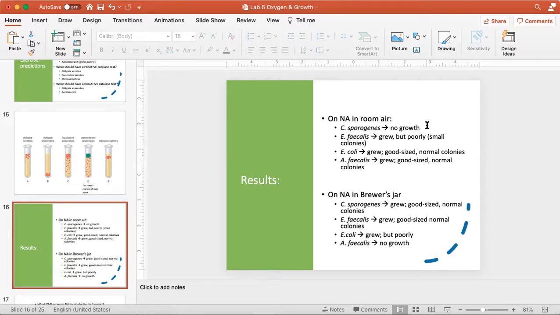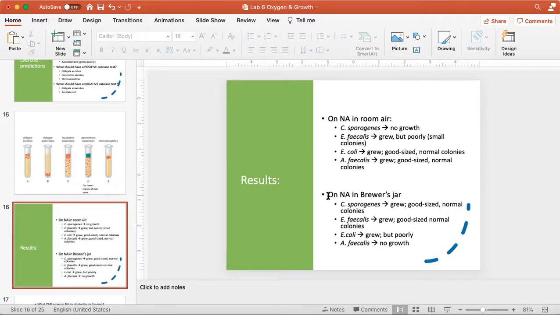No growth. The Enterococcus faecalis grew, but poorly. The colonies were really small. E. coli grew really well, no problem at all. And Alcaligenes faecalis grew really well, no problem at all.